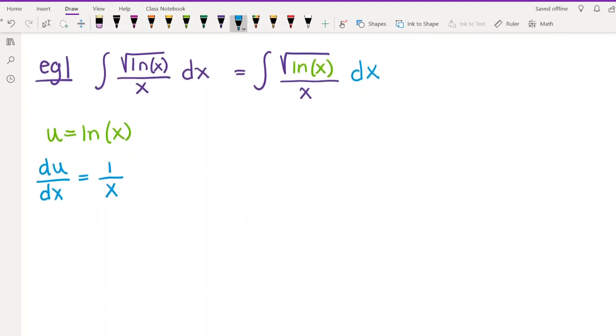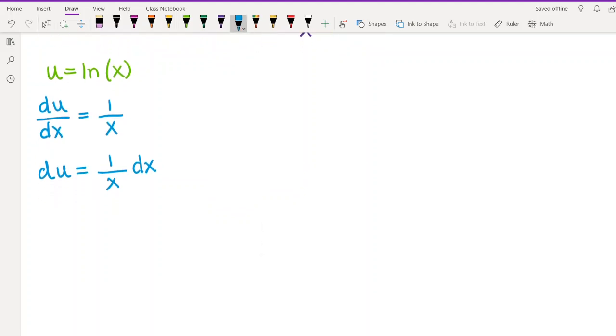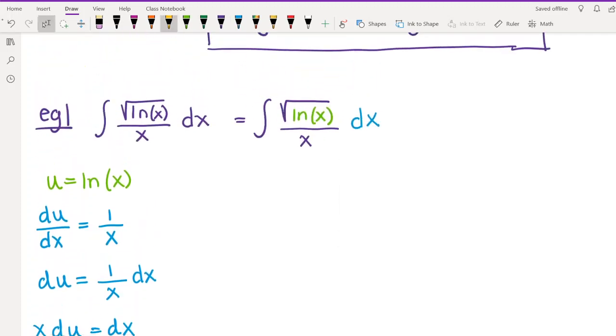And so that means that du is equal to 1 over x dx. And basically if you multiply both sides by x, that's the easiest way to get dx by itself, right? So that means that x times du is equal to dx.